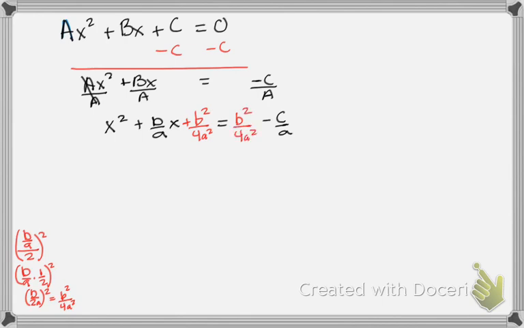I'm now going to factor the left side, and on the right side, I'm going to give it a common denominator. I'm going to multiply this side by 4a over 4a, that fancy one, using my identity property.